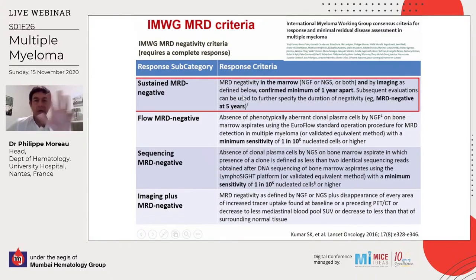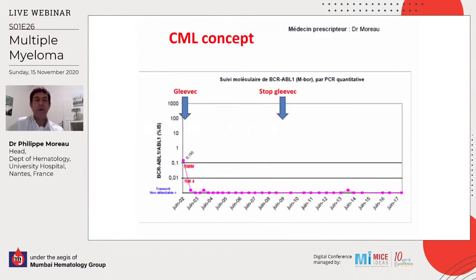So both MRD within the bone marrow plus PET, confirmed a minimum of 1 year apart. So a serial assessment of MRD negativity both within and outside the bone marrow and 1 year apart. And then those patients with a sustained MRD negativity potentially may enjoy better outcome. This proposal was based on very, very few data at the time of writing this paper.